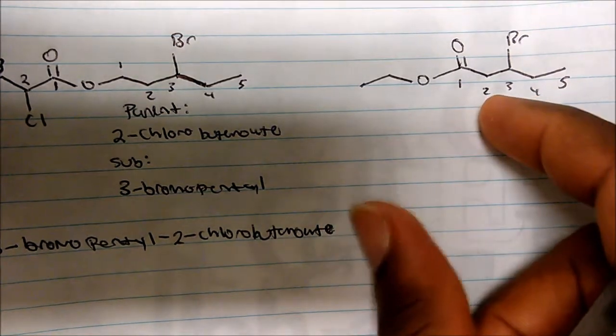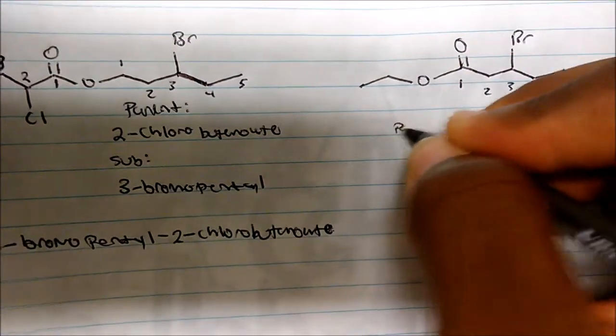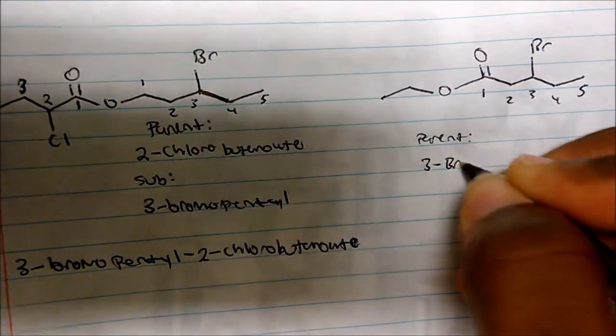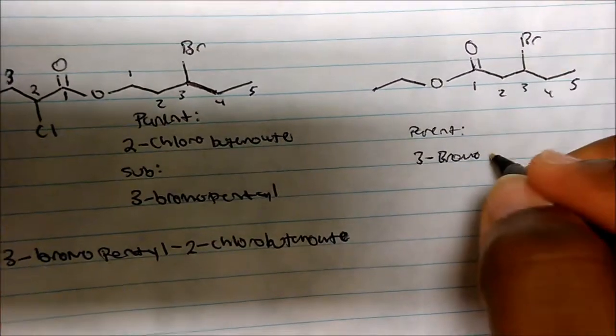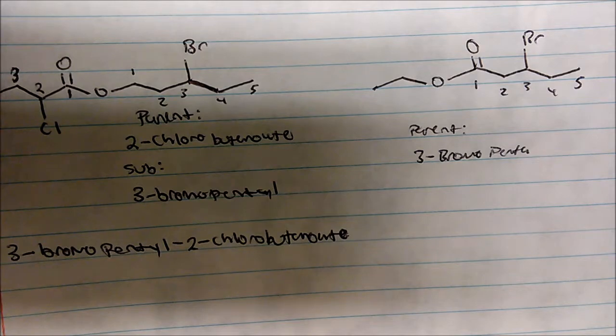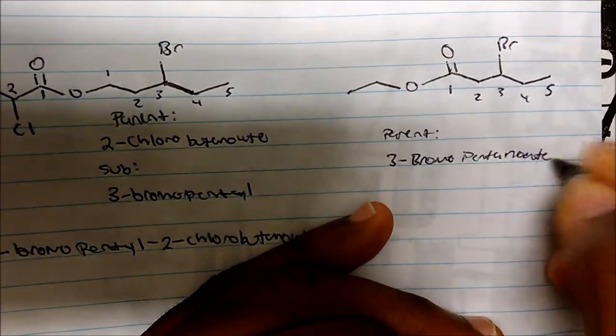Now on carbon 3, we have a bromine here. So the parent in this case would actually be 3-bromopentanoate.